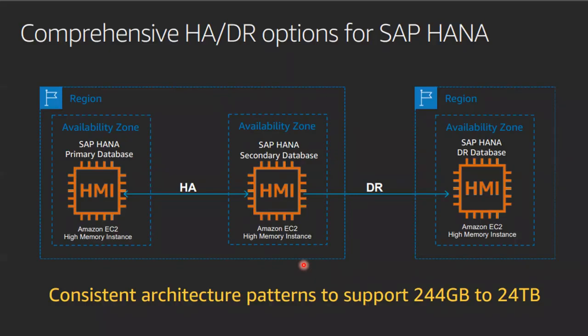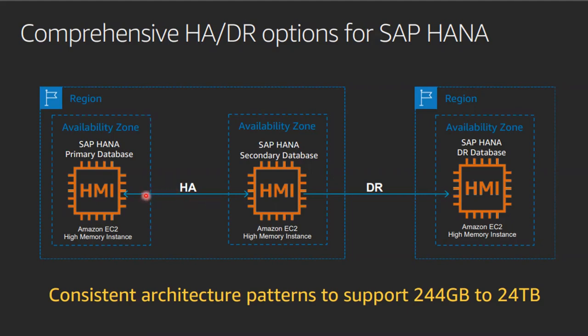Then you can put it behind the load balancer. Now for HANA databases, you'll have a high memory instance running in availability zone 1 and another high memory instance running in availability zone 2, and you will configure the replication between the HANA DB instances. It could be using native HANA replication.